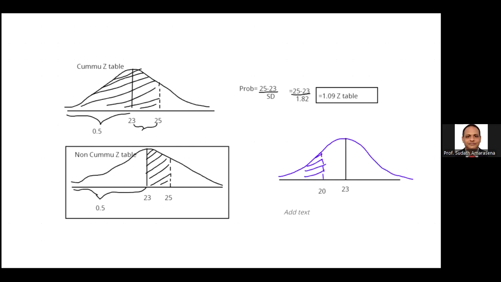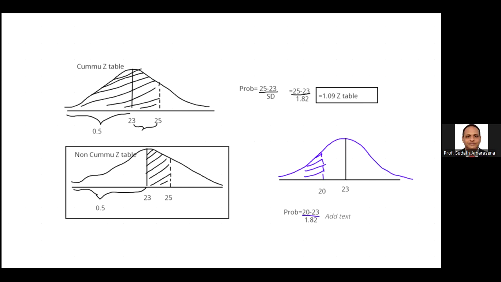Right? Just simplify and let me know the figure. You should simplify 20 minus 23 divided by 1.82. Let me know the answer. Minus 1.64. That's fine, correct. Minus 1.64. Now you know that we should check this value from the Z table. When I'm going to check this value from the Z table, temporarily you can forget the minus.